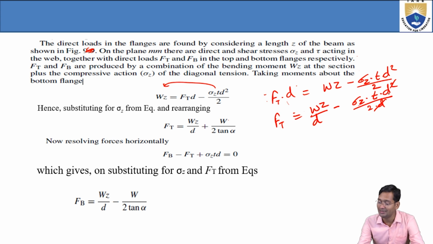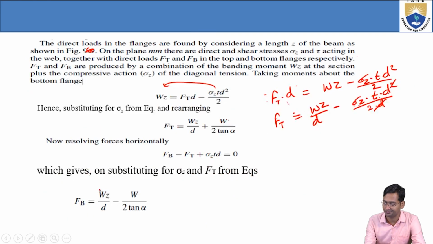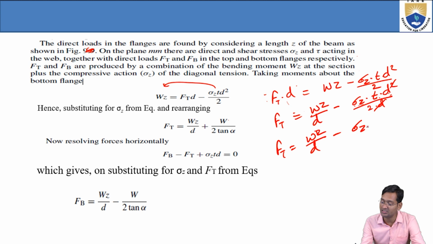Sigma z into t d is what? W. Sigma z into t d is W by tan alpha. Just substitute there. So Ft equals Wz by d minus sigma z into t into d by 2.